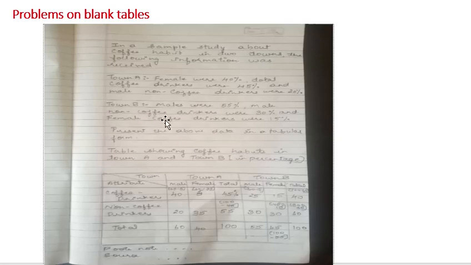Now after drawing the table, we will write down town A, town B, then the attributes coffee drinkers, non-coffee drinkers, total, and then male, female, total, male, female, and total.